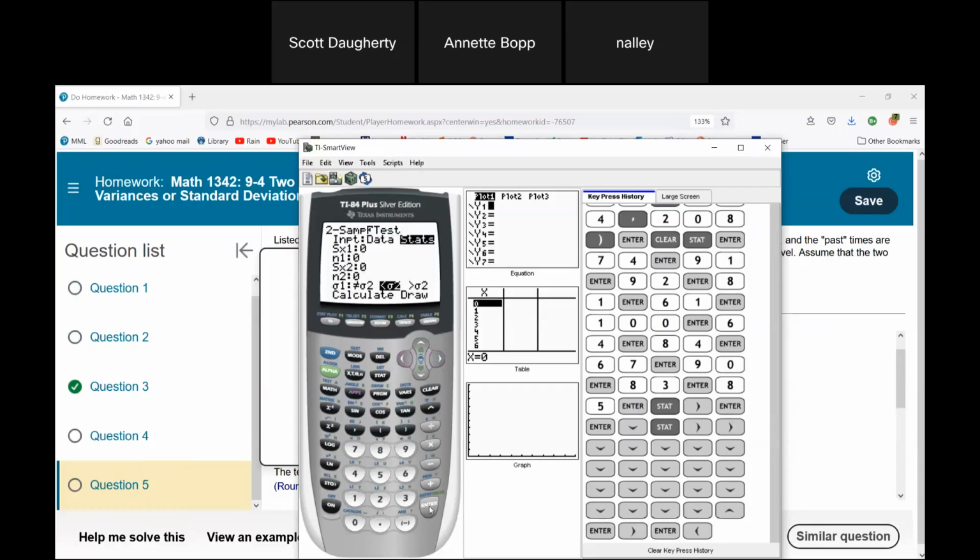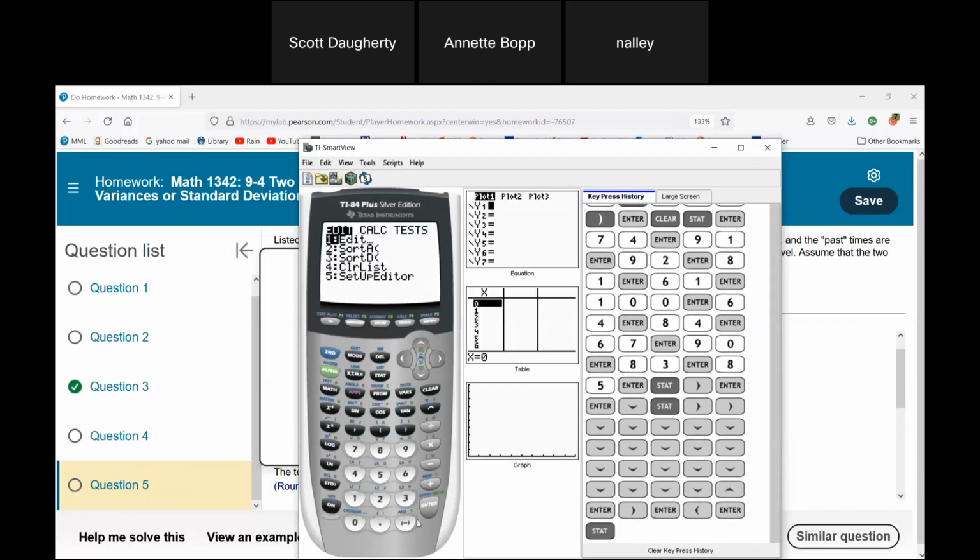But I'm going to go ahead and select data. Notice when you select data, they want you to put one of them in L1 and the other in L2. The problem is I can't do standard deviation on this one.